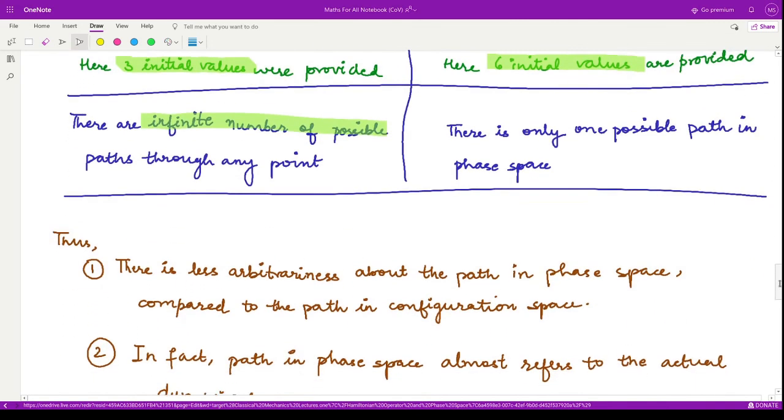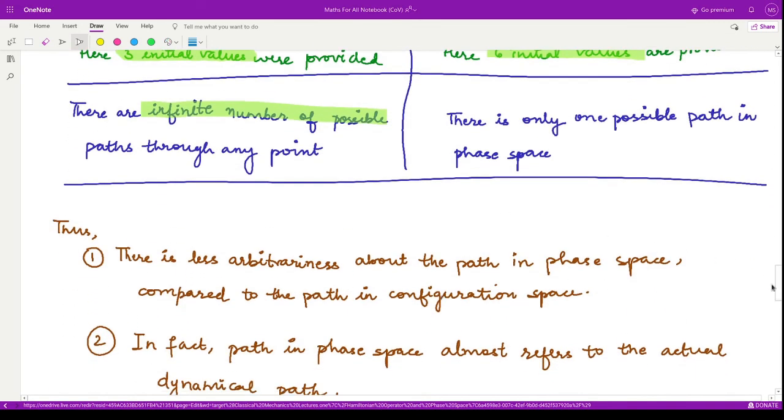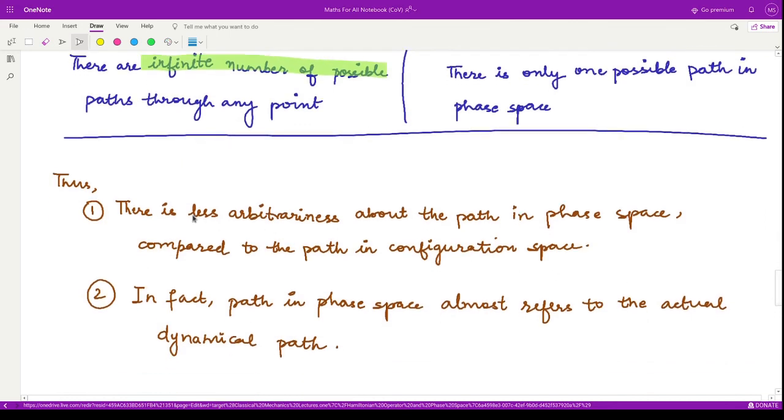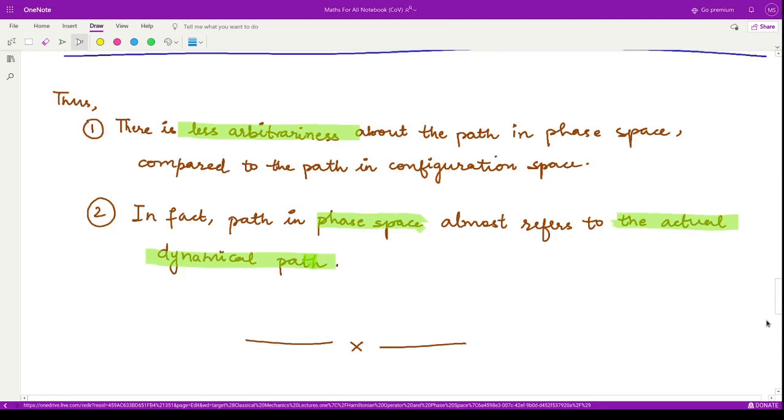All in all, the advantage of using phase space is that there is less arbitrariness about the path compared to the configuration space. Moreover, the path given in phase space is the actual path which the particle follows, so it gives you complete information about a particle or system of particles moving in space. So that is it for this video. Thank you for watching.